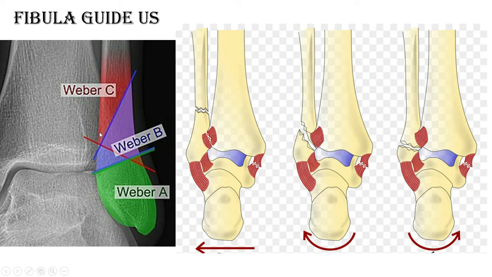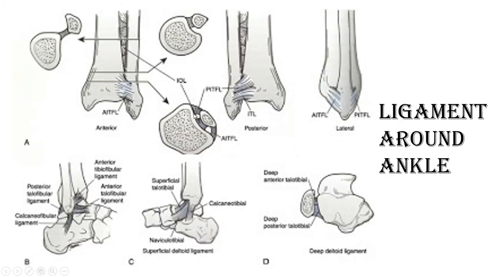This is based on the syndesmotic area. What do you mean by the syndesmotic area? The area between the lower junction of the tibia and fibula, in the anatomical region, is the syndesmotic area.